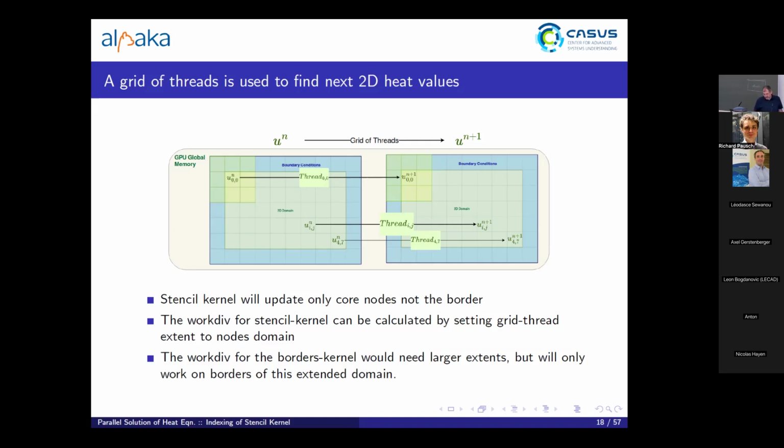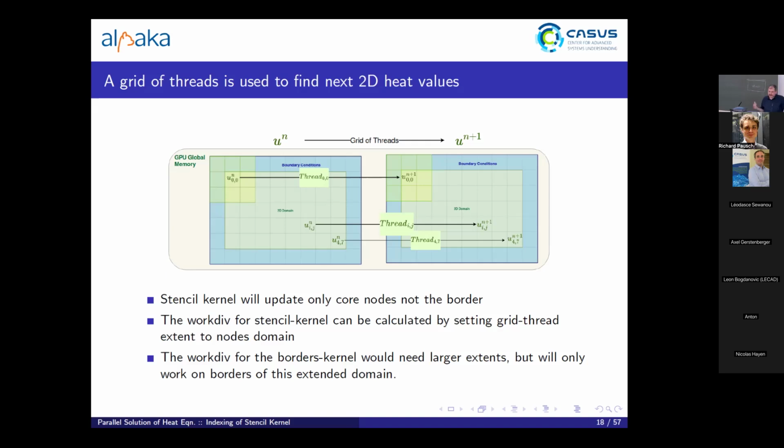For our solution, we designed a stencil kernel and a border kernel. The border kernel will only run on borders, and our stencil kernel is expected to run only on core nodes. The work division can be calculated by setting the grid thread extent to the nodes domain.